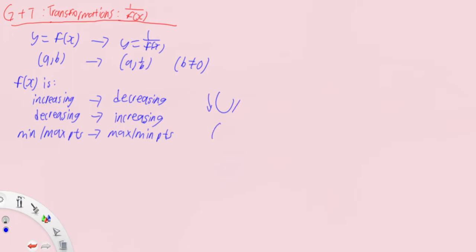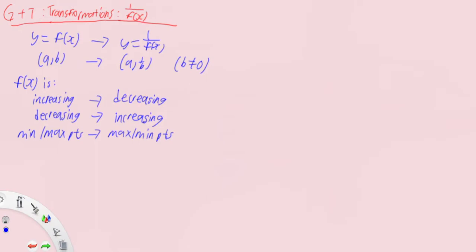Then when our denominator is increasing, our value is decreasing. Conversely, if we have a maximum point, our denominator is increasing, that means now we have a decreasing value. Our denominator then decreases, our value then increases. You notice that our point becomes maximum to minimum afterwards. So that's the whole idea there.